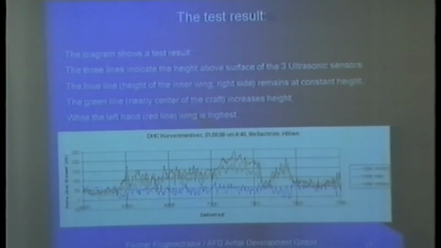You see with this line the height of the fuselage, which goes a little bit up when we turn around this point, and the distance to the water with the outer wing. So this is measured in a real flight versus time.